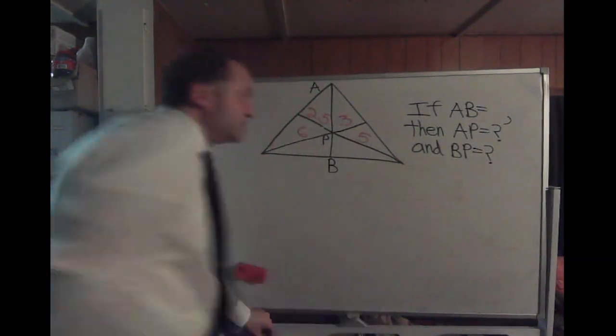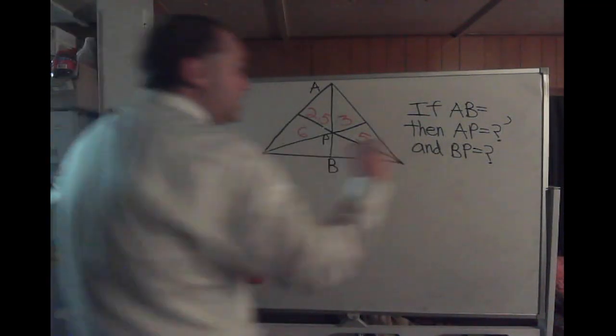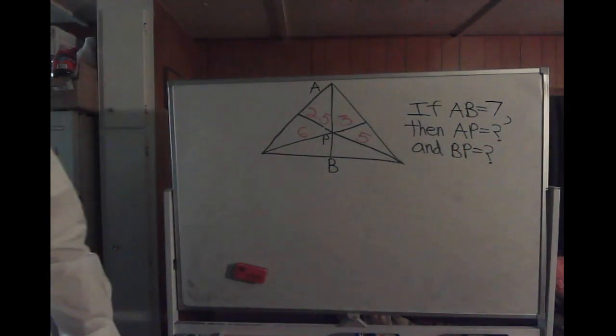Alright, let's see here. I think it's similar exercises, but a little bit different. So this time AB has a length of 7.